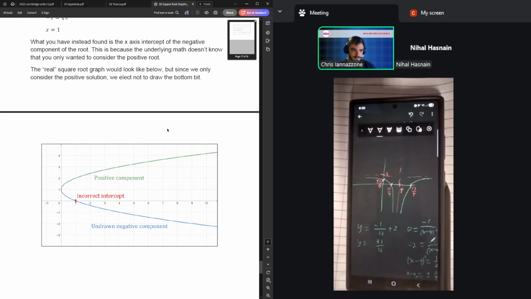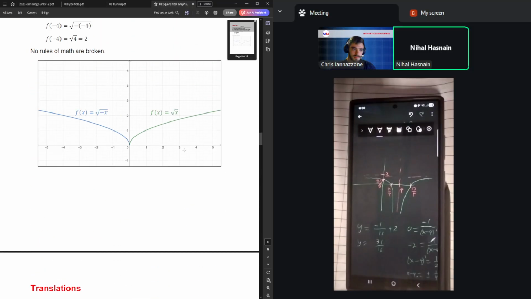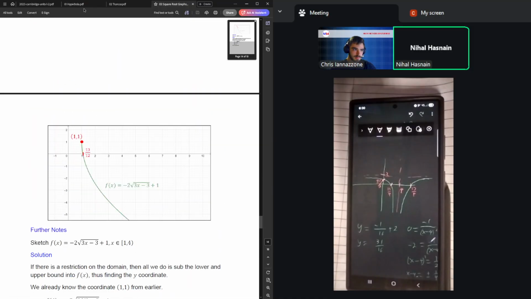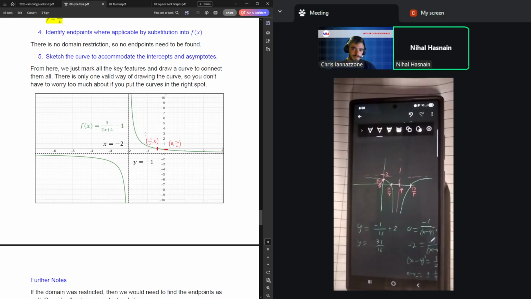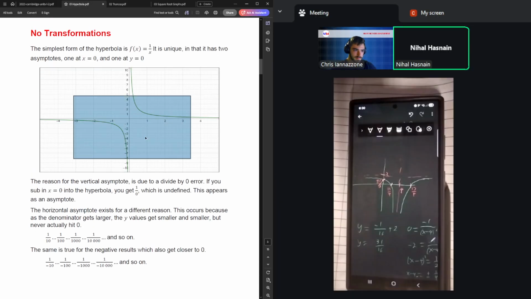Well, you can use the graph as a visualization. You can consider a square or a rectangle from the origin to the top right, and the top right will be on the graph.